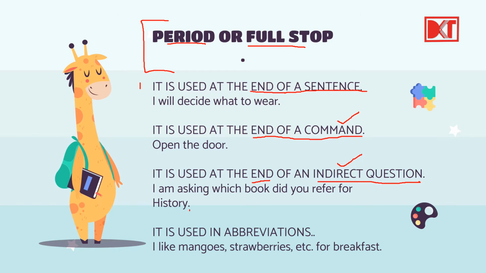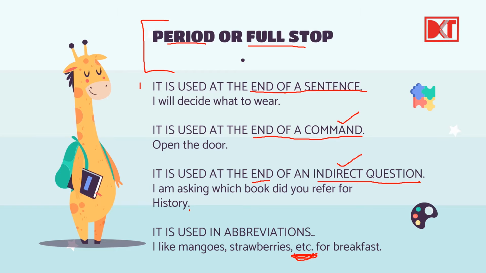Then it is used in abbreviations. Like here, the sentence is, I like mangoes, strawberries, etc. for breakfast. So etc. with a dot is an abbreviation for etcetera. So here you use a full stop to show that this is an abbreviation. So when is the period or a full stop used?